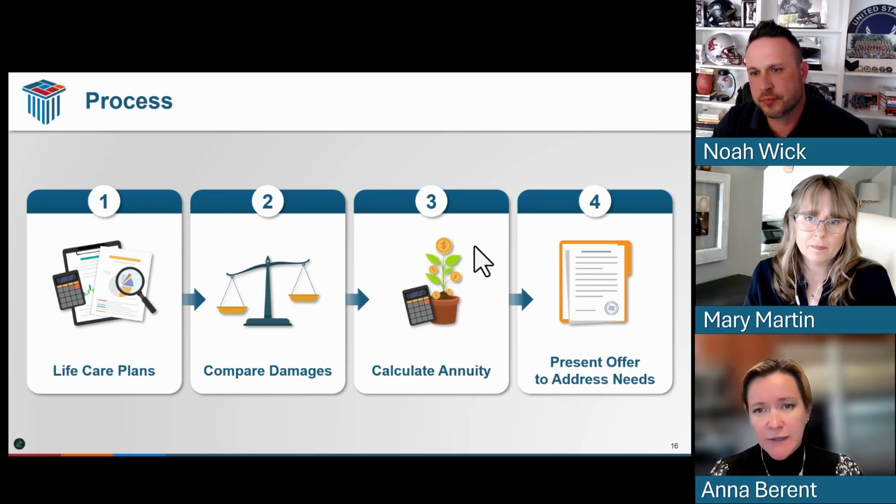And I think that way of thinking has been slowly transitioning to, no, we don't need to wait for their plan, because we have the benefit of reviewing the medical records.